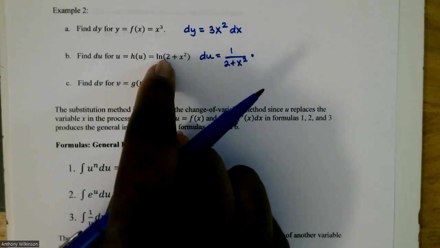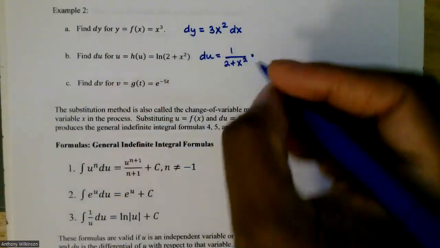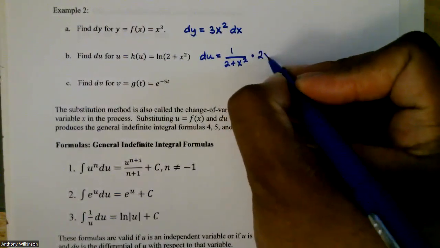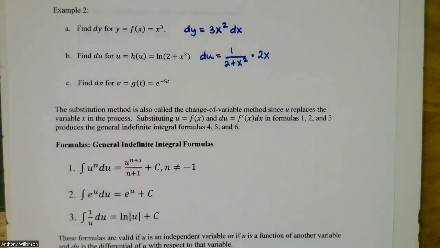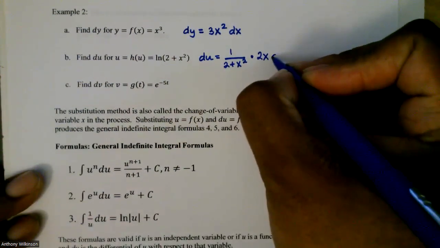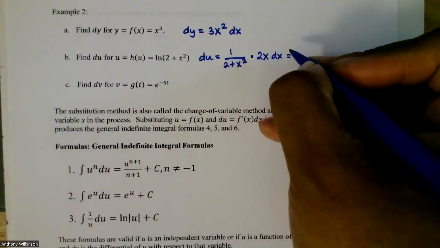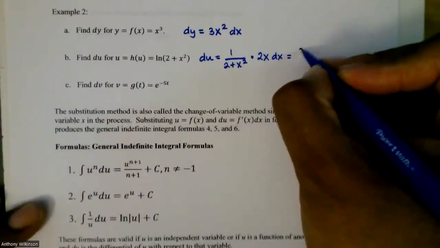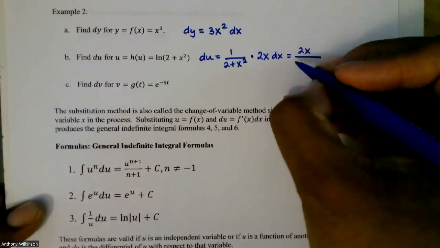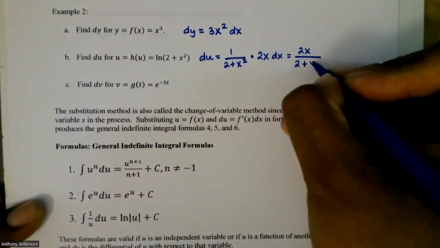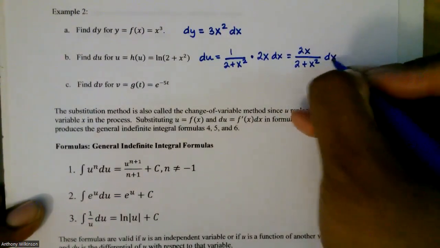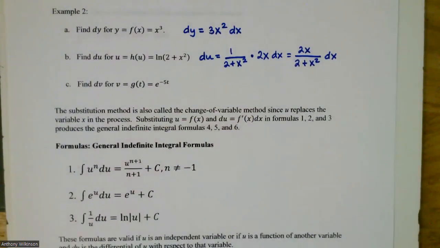The derivative of 2 is 0. The derivative of x squared will be 2x. So I got 1 over 2 plus x squared times 2x. And of course, we need to include the dx. And we can simplify this as 2x in the numerator divided by 2 plus x squared dx. So that's what du will be equal to, 2x over 2 plus x squared dx.